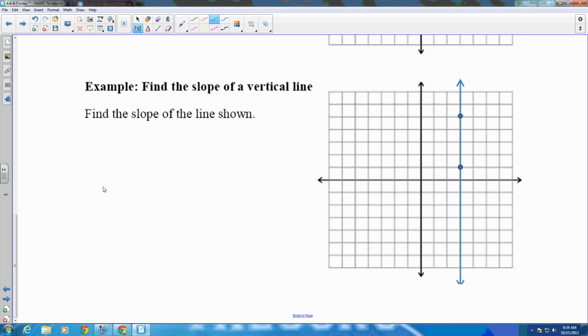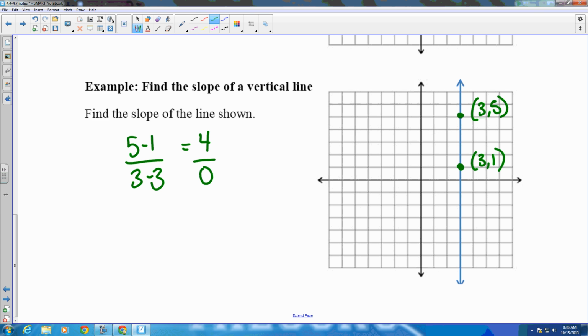Now this time we have a vertical line. This point is 3, 1. This point is 3, 5. Try to find the slope of that. Let's go from bottom to top. So our top would be our second point. So we would have 5 minus 1 over 3 minus 3. 4 over 0.